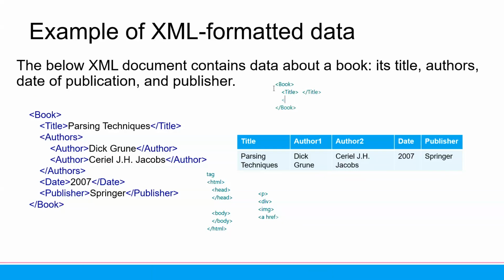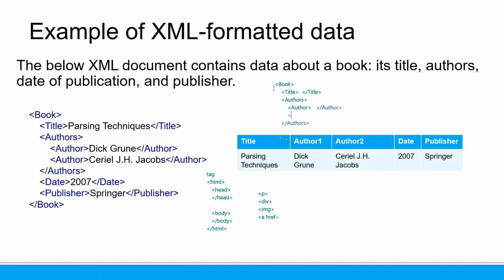Title. Authors. Let's say you have many authors. Okay? And in the authors, if you have many authors, you can specify the first author, and then don't forget to close.